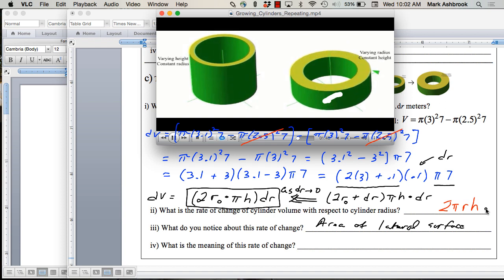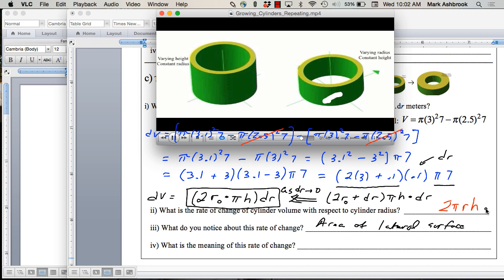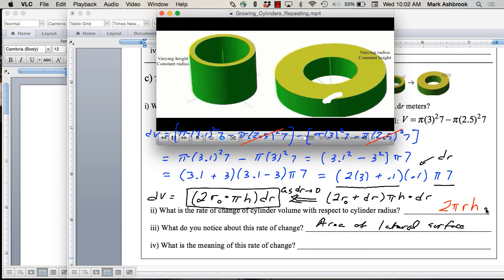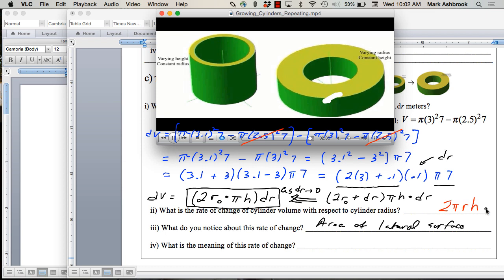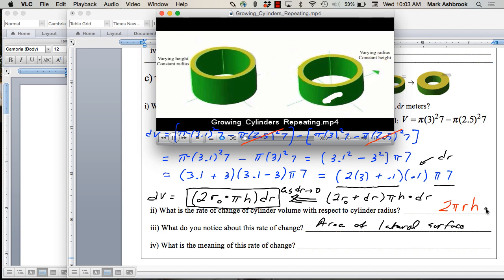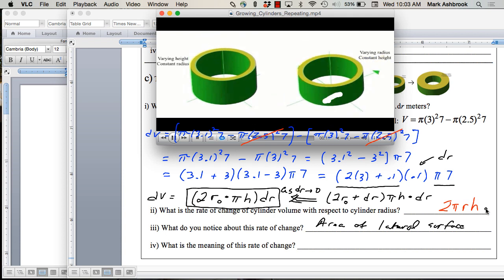Okay. But we've been working on a meaning for rates of change, right? We're framing the meaning of rate of change. So that's a true statement. Yes, sir. I guess you could think of it as adding very, very small pieces to the existing volume. Yeah, that's a good way of conceptually thinking about it. But we have this way of defining the meaning of the value of the rate of change.